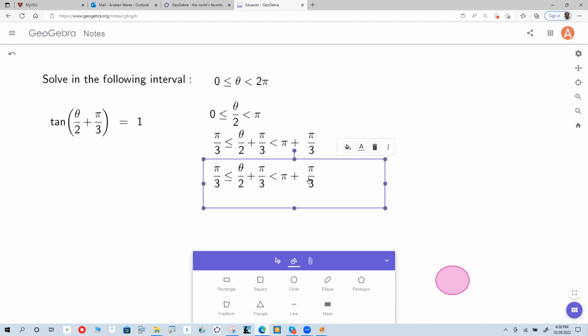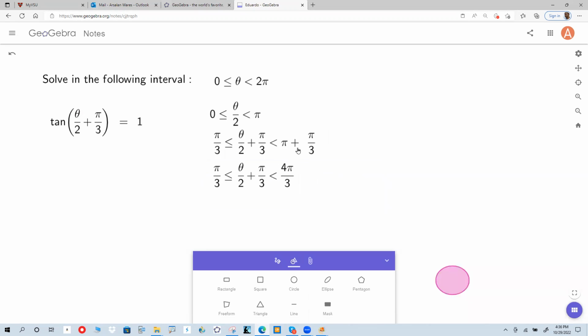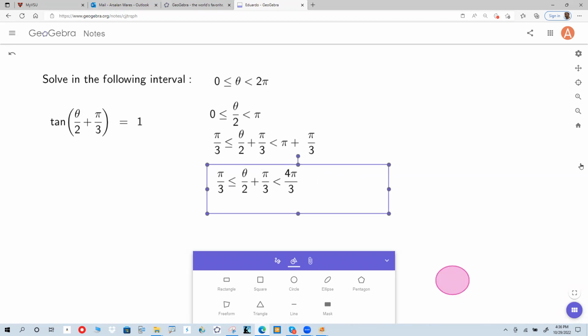You're going to get this. At this point, you want to learn how to add two fractions. It's going to be 4 pi over 3. Basically, we're adding 1 to 1/3, 1 plus 1/3. So this is your range.